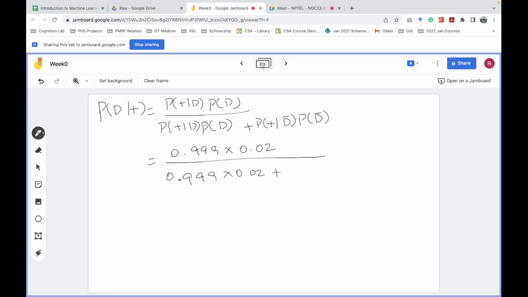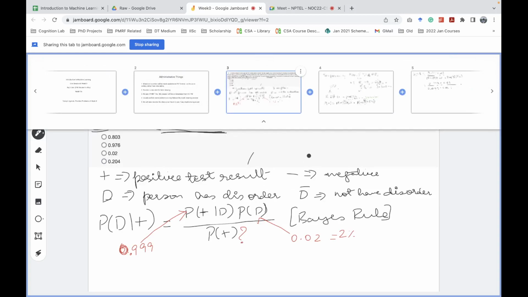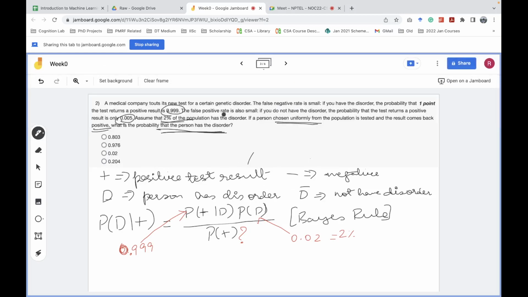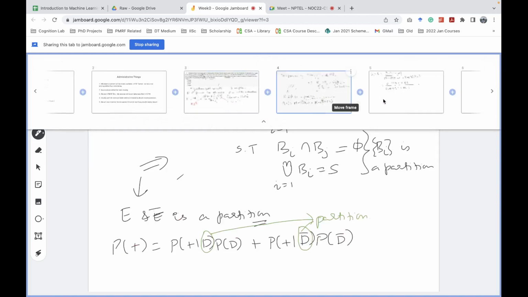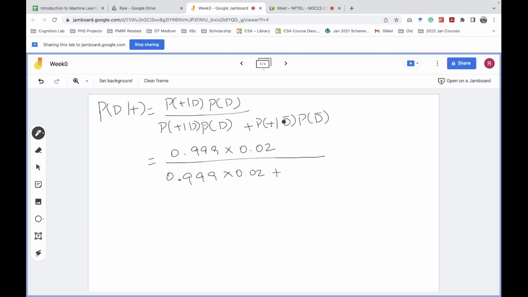now how do we get this probability of plus given D bar? Any ideas? If you see here, what we're saying is if we don't have the disorder, the probability that the test turns a positive result is only 0.005. That is exactly what this event means: if you don't have the disease, still the test will give you a positive result 0.005 of the times.